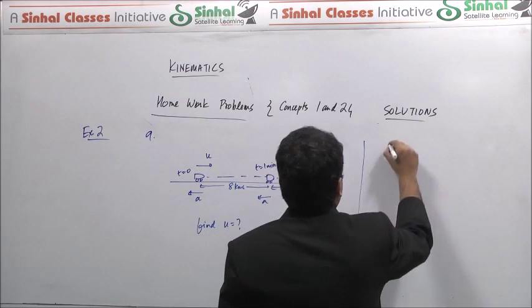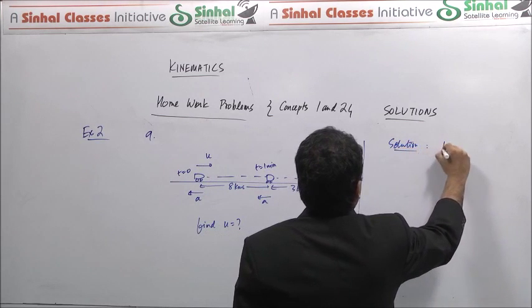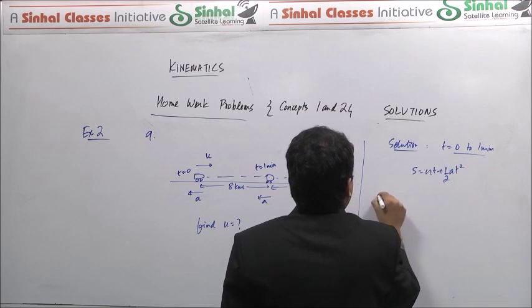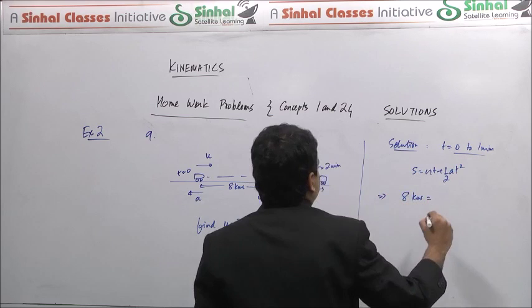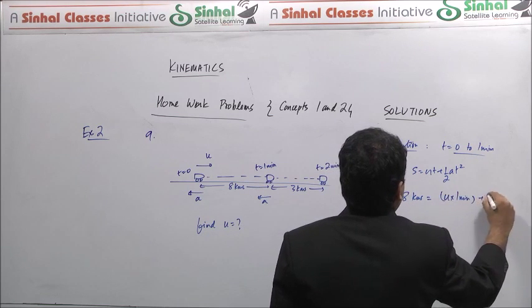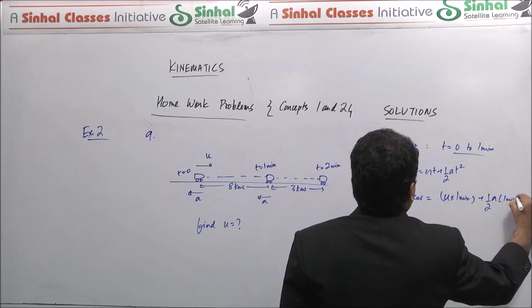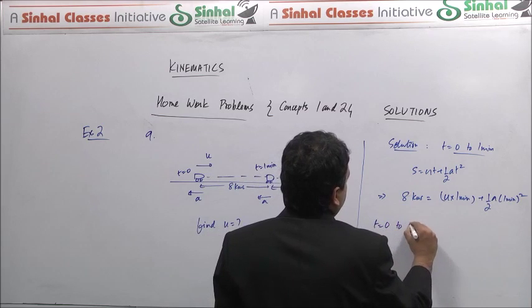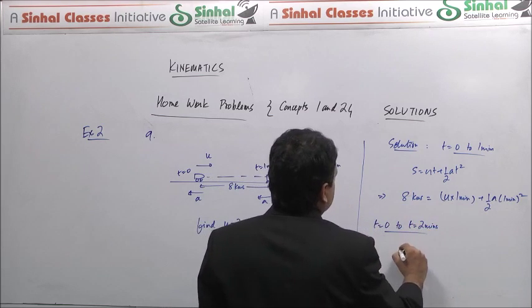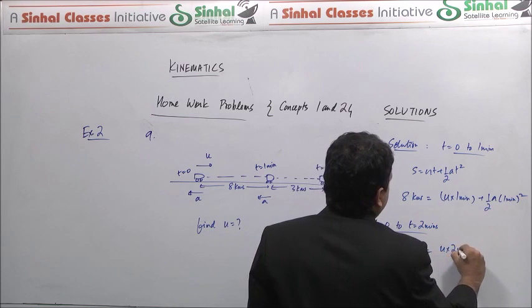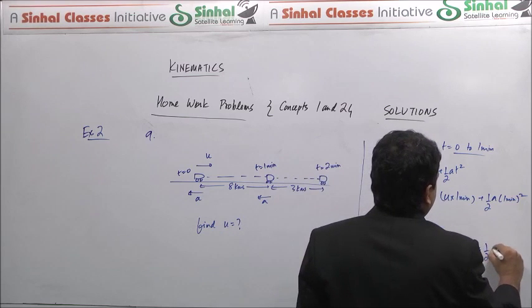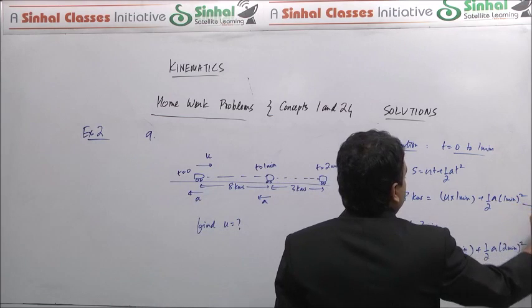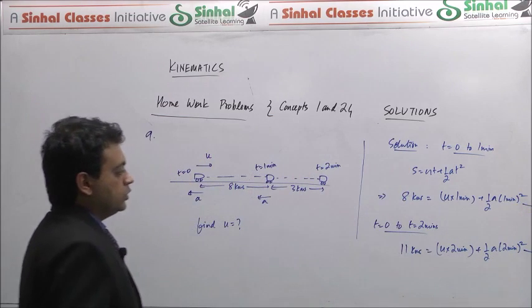So you can see that and then for this interval, the total distance is 11 kilometers. Solving 1 and 2 will give us the value of u.